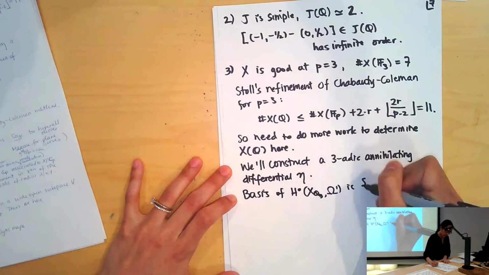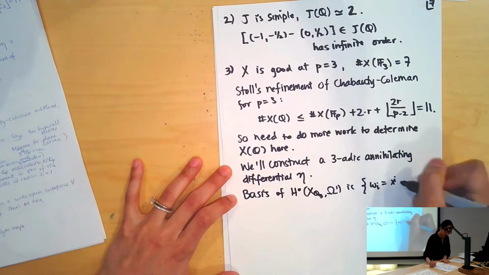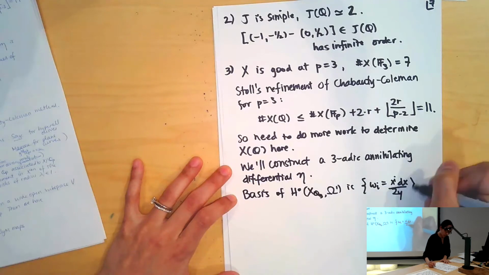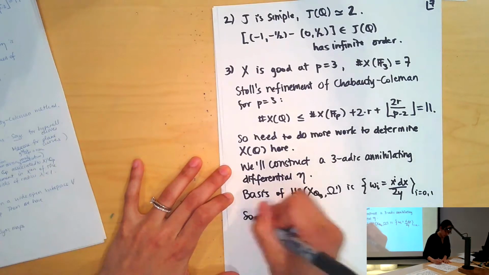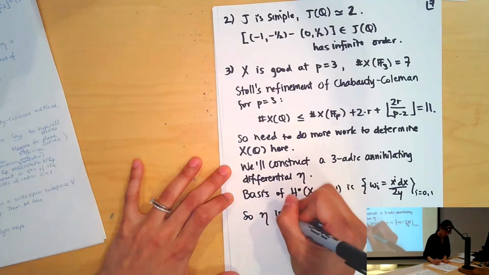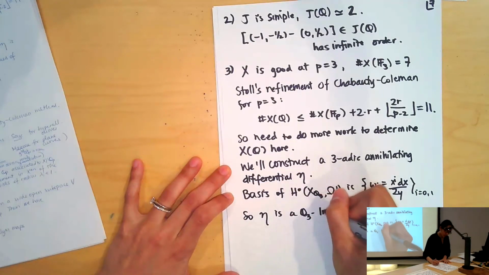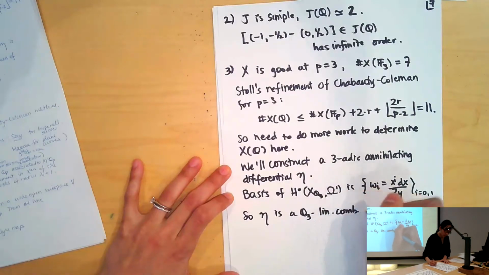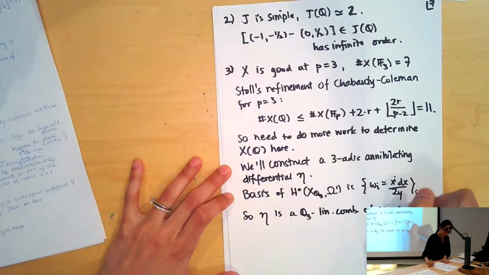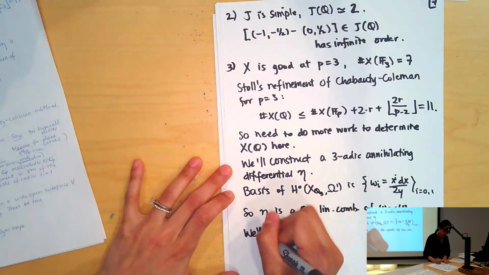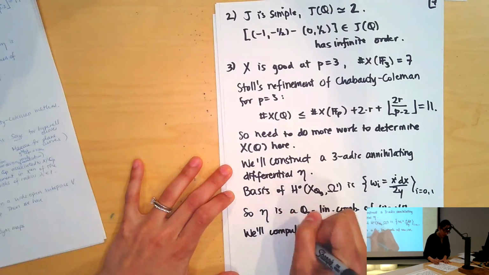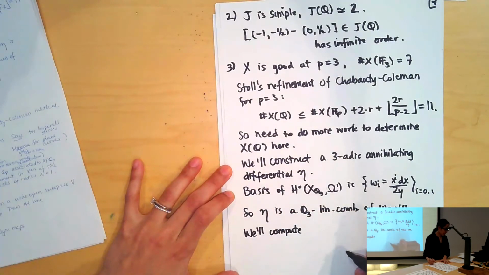This is just given by taking x to the i dx over y, with an extra factor of 2 in the denominator there, for i equal 0 and 1. So our eta is a Q_3 linear combination of these two elements, omega naught and omega 1. What we'll do is compute some p-adic integrals and use that to compute our annihilating differential.